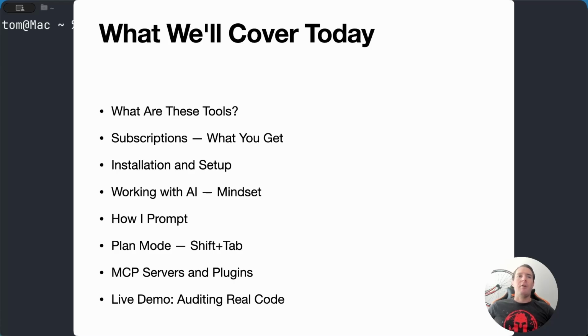And a key feature called plan mode that is available in Claude Code. We'll be mainly focusing on the Claude Code tool today, but I'll talk about Codex and Gemini a bit. Then we'll touch on extending the tools with MCP servers and wrap up with a live demo where I audit one of my own apps I'm working on. Let's go ahead and get into it.